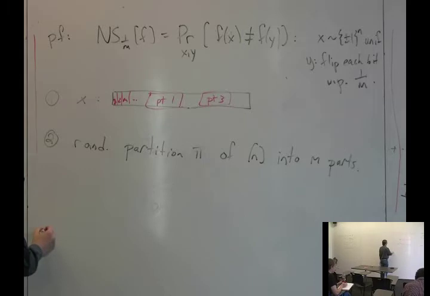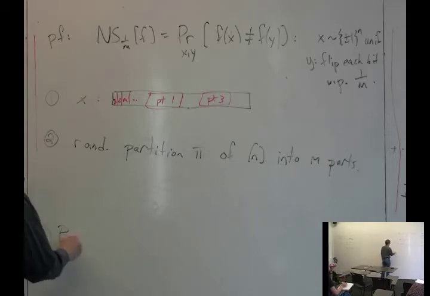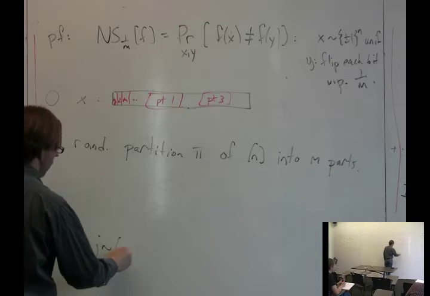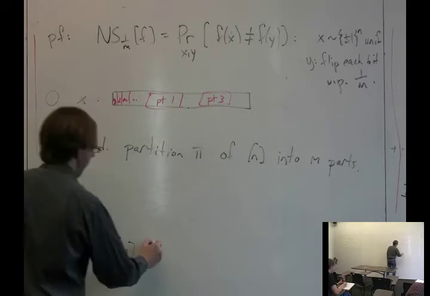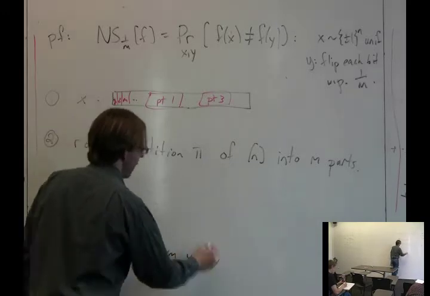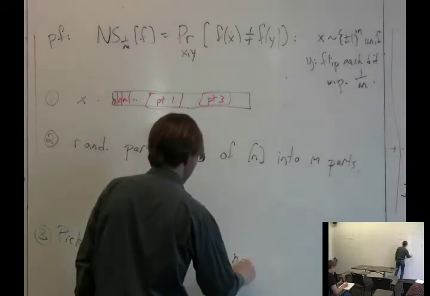Now, step 3: just pick j uniformly at random from 1 through m, and form y by negating the jth part.